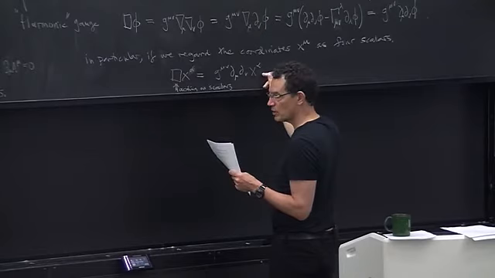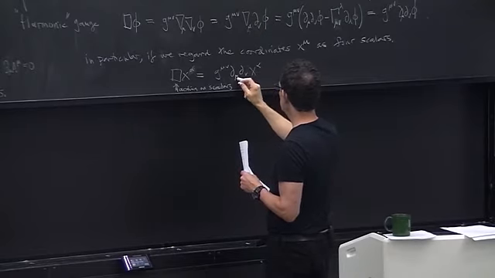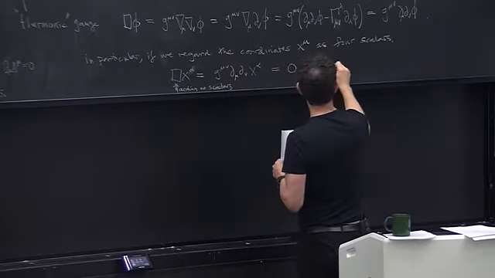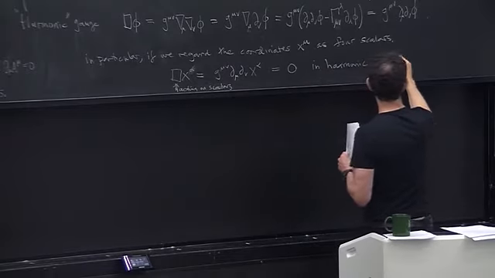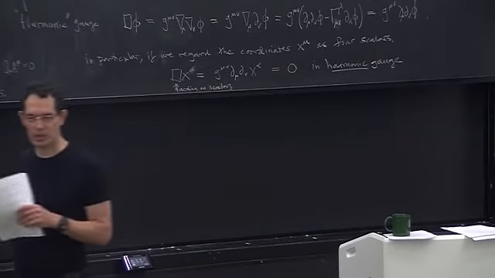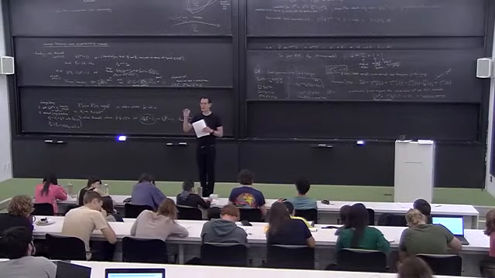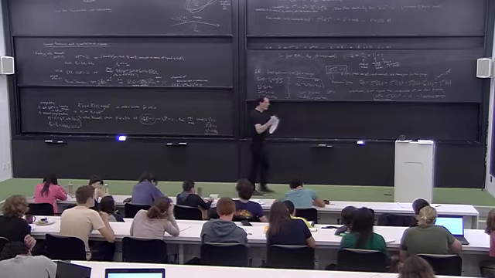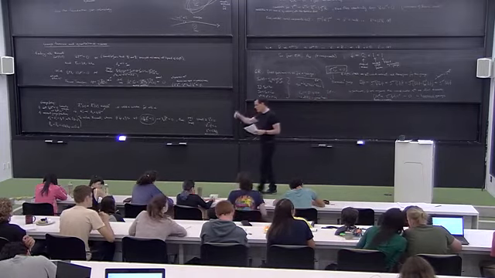But 2 derivatives on the coordinates is definitely 0, because 1 derivative will give me a delta, and 2 derivatives give 0 in harmonic gauge. Okay, and harmonic is always used to talk about something which satisfies box equals 0. If something satisfies box equals 0, we call it harmonic. It goes back to basically box being the wave equation, and harmonic things satisfy the wave equation.